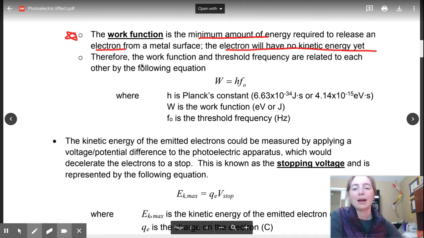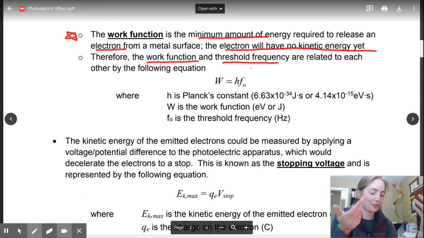Now, therefore, our work function and the threshold frequency are going to be related to each other. The amount of energy that electron is going to have depends on the frequency. The work function is calculated as W = hf0. h is Planck's constant, which is on the back of your data sheet, in either joule seconds or electron volt seconds.